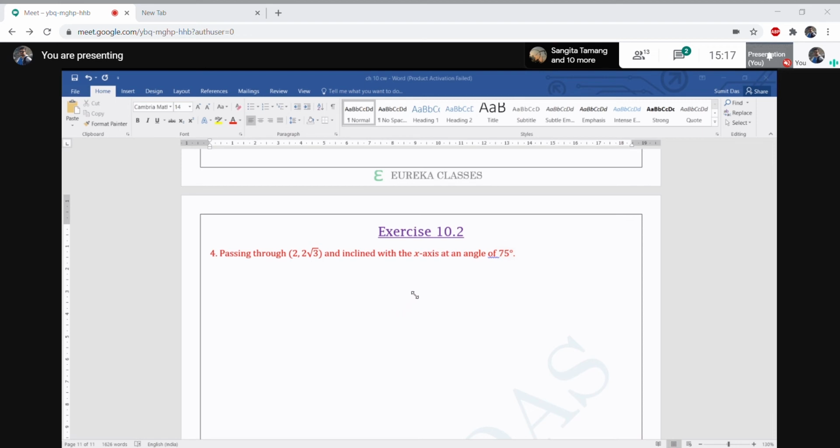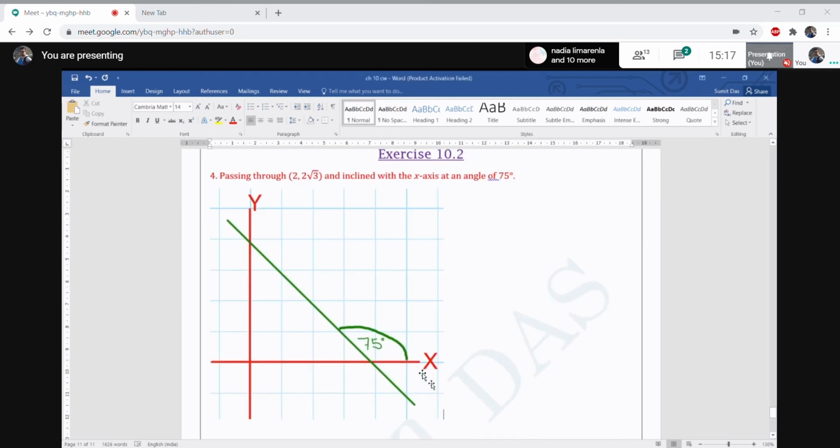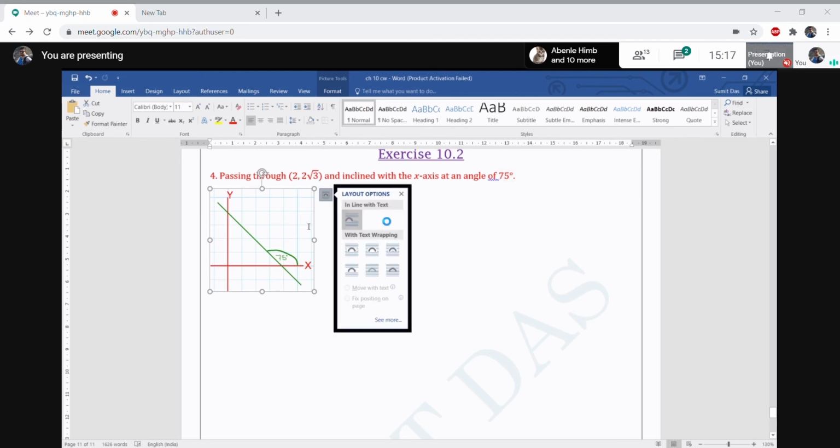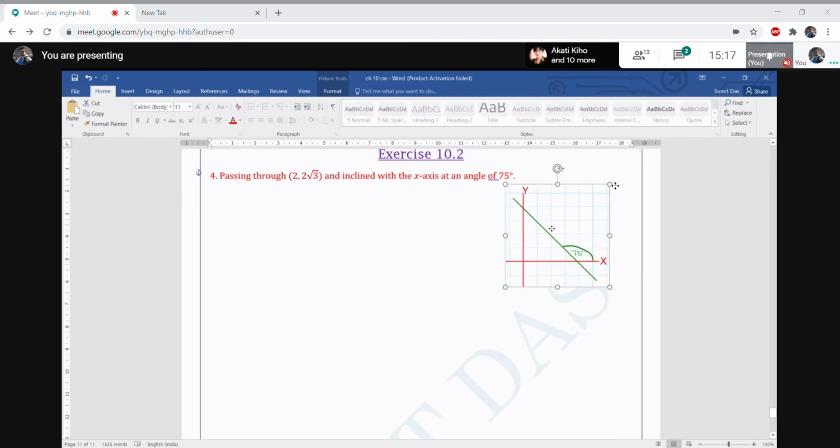Okay, I'm giving you a very rough diagram. You can see here one line which is making an inclination of 75 degrees with the x-axis.